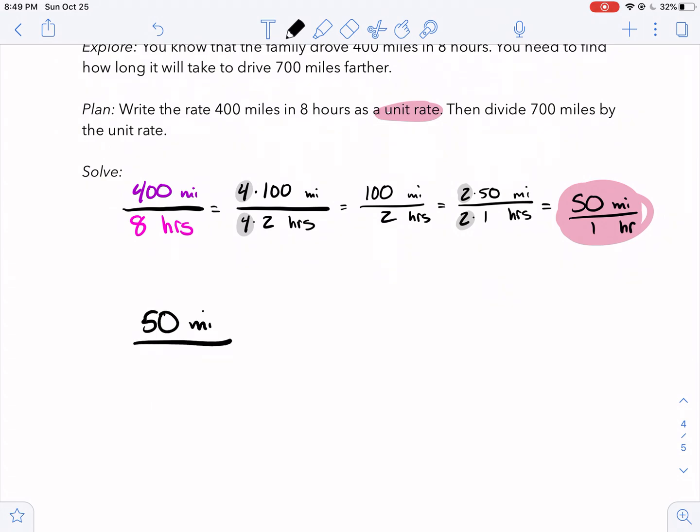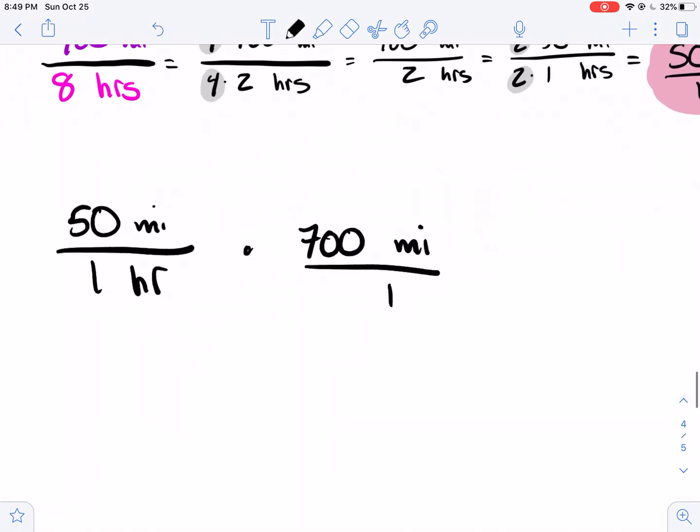We're so close to being done, you guys. But our question is 700 miles further. So we'll want to multiply by 700 miles further. But we need to do a quick little trick. We don't know what time it is. That's our question.